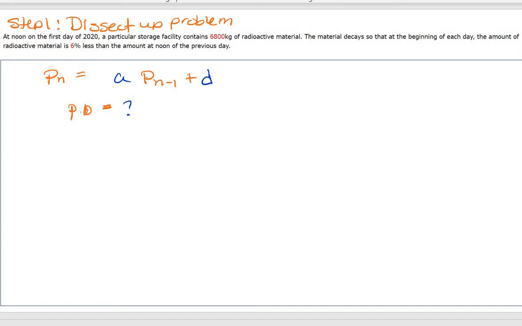There's a persistence rate, which in your book is always labeled A. They sometimes call this immigration rate, but you can think of it as that one disk that we kept adding if we had the D sub N minus 1 disks moving in the Towers of Hanoi. It's also called a non-homogeneous term. Sometimes it's called a forcing function, but whatever it's called, in the book, they always call it D.